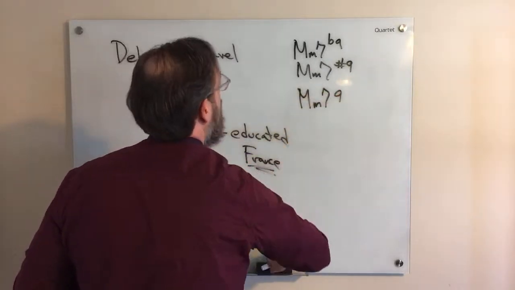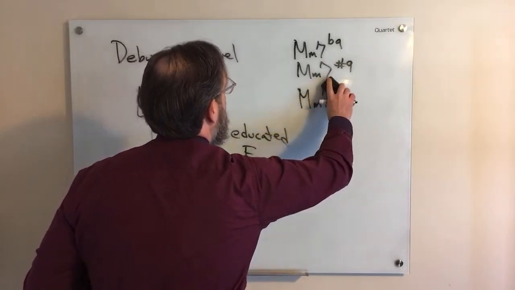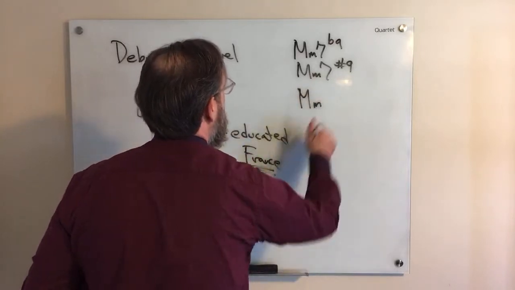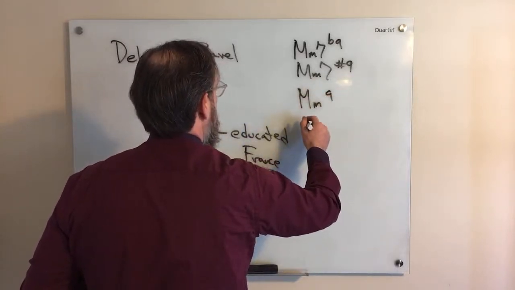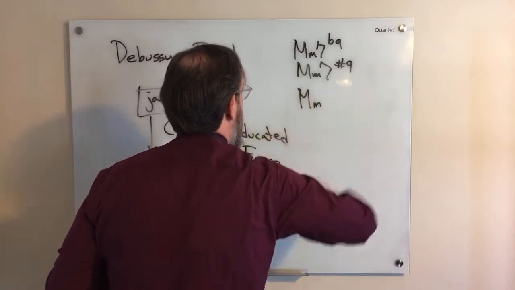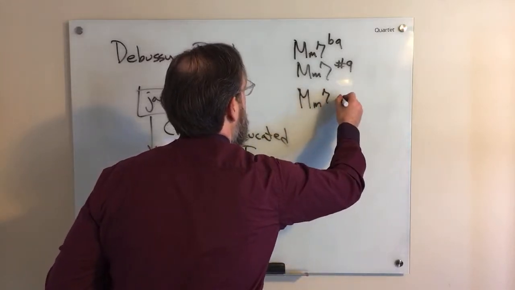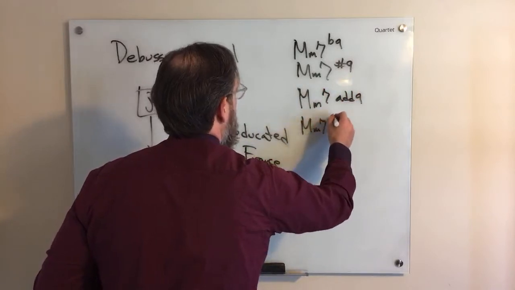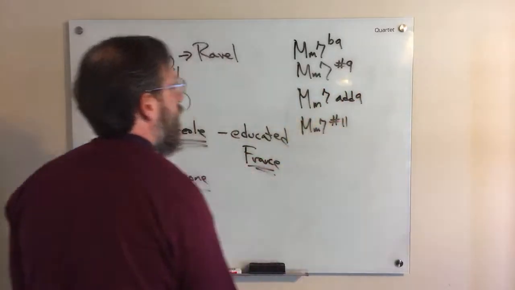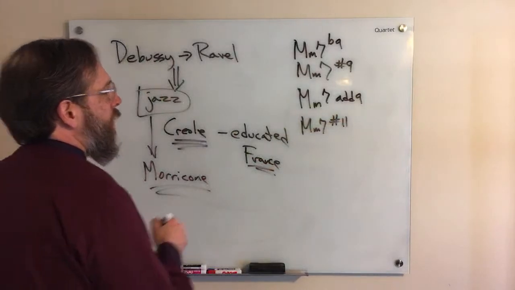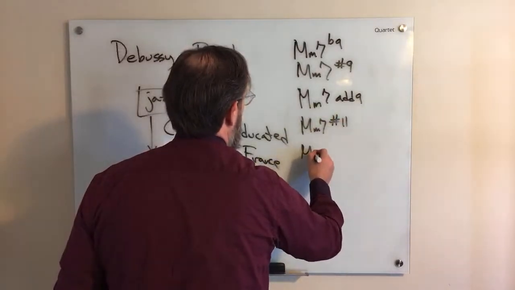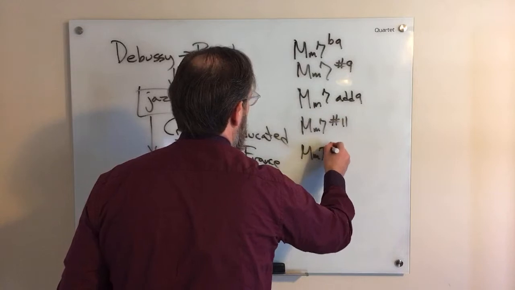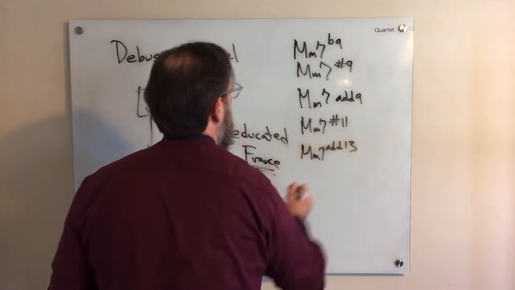So then they would just say major minor 9. Or they might say major minor 7 add 9. Let's do that, I like that one. Or a major minor 7 sharp 11. Those are the most common. And then major minor 13. Add 13. These are all common.